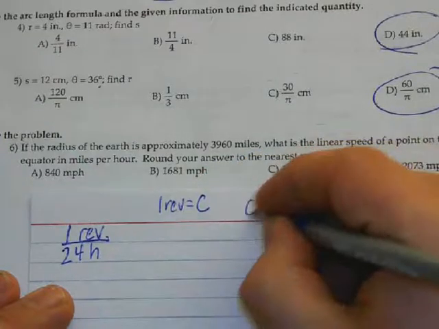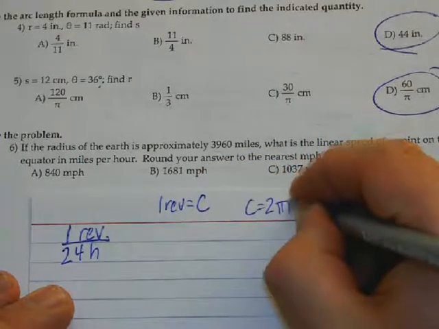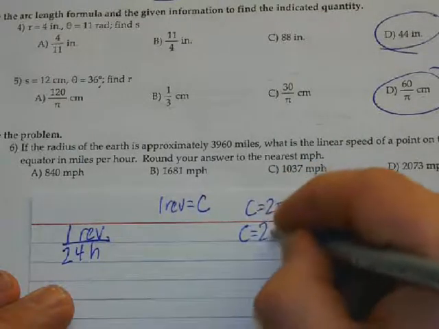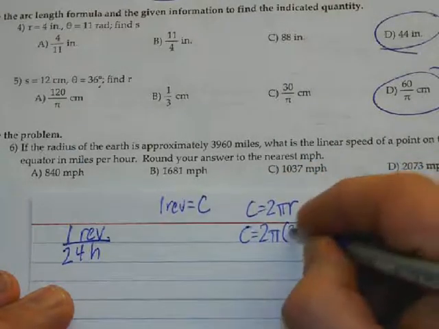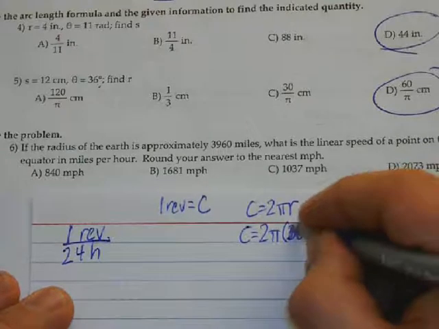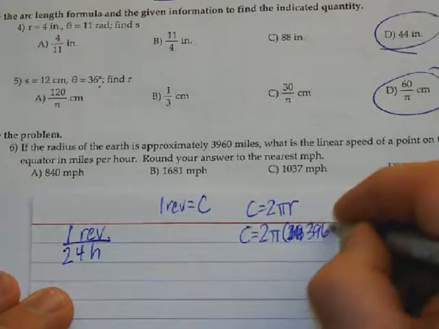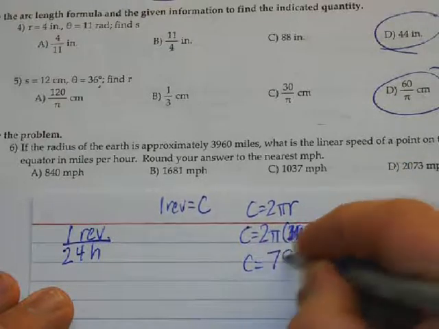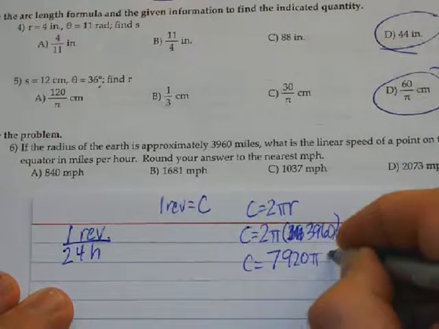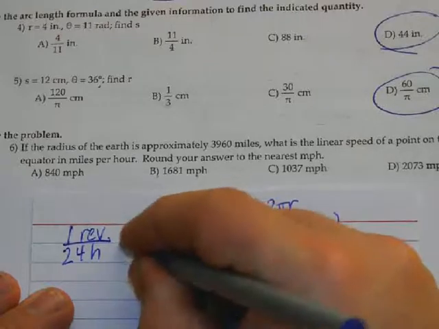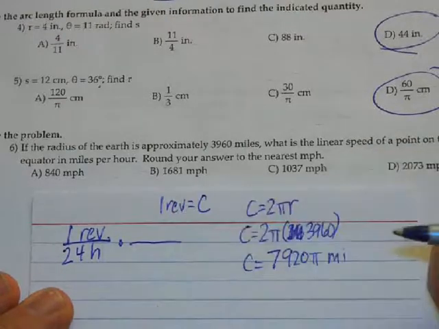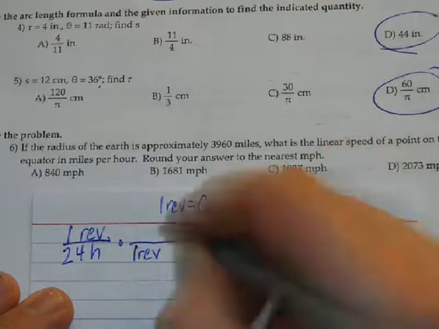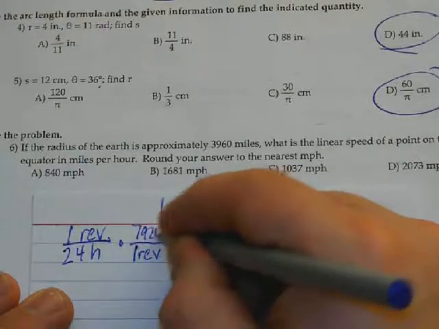Circumference is 2 times pi times radius. So the circumference is 7,920 pi miles. So we know that one revolution is 7,920 pi miles.